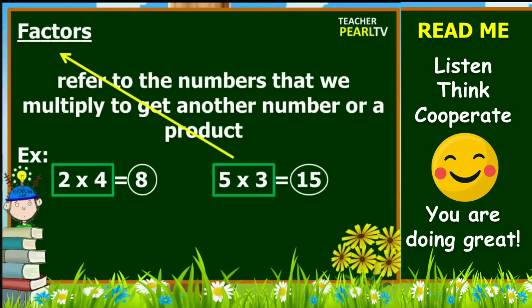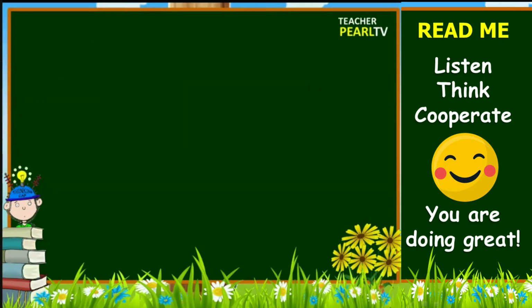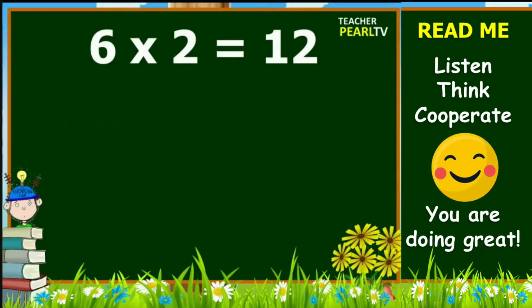So, when you are asked for a factor of a given number, just think of two numbers that you can multiply and get the given number as a result or a product. Let's have some more examples. 6 times 2 equals 12.